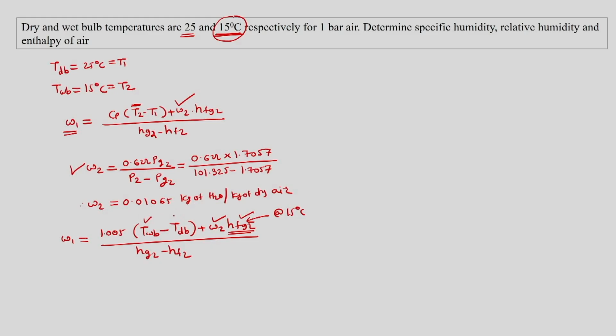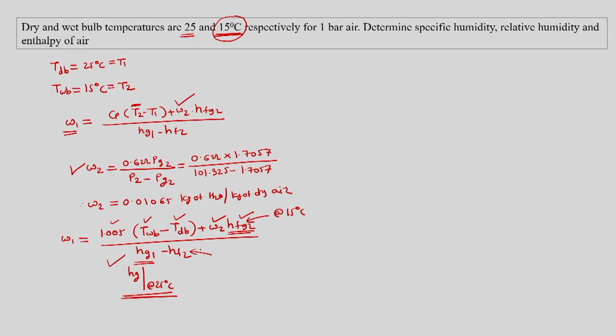This is known T1, this is T2, this term is known, and then this term is Hg1, so this is Hg at 25 degrees Celsius, the vapor saturation enthalpy at 25 degrees Celsius. This can be found out from the steam table.